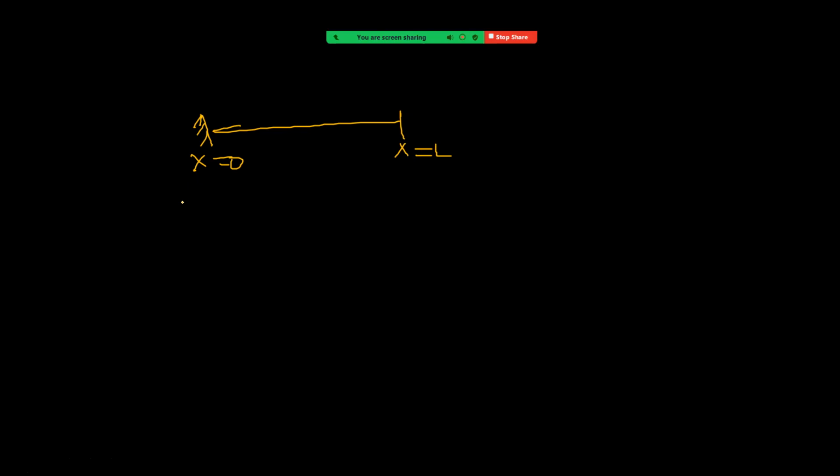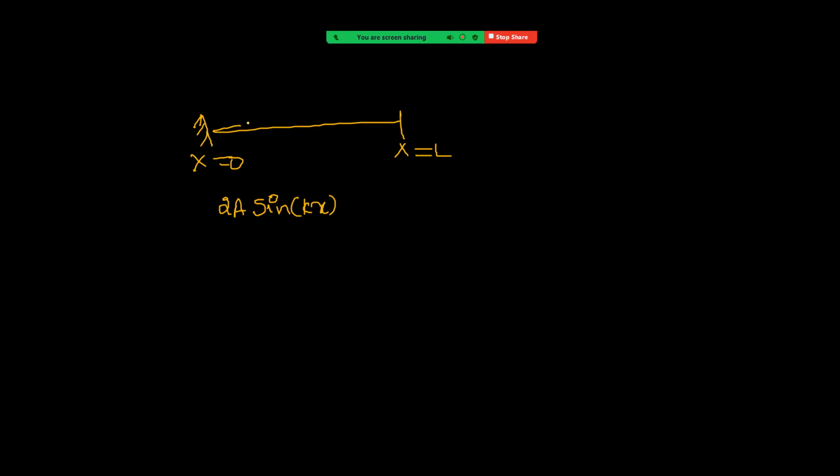Therefore, we have to write it as a sine function, sin kx, because when x is 0, sine is 0. So it must be sine. Suppose the amplitude is 2a: 2a sin kx. Next one, is it sin omega t or cos omega t? How to decide that?